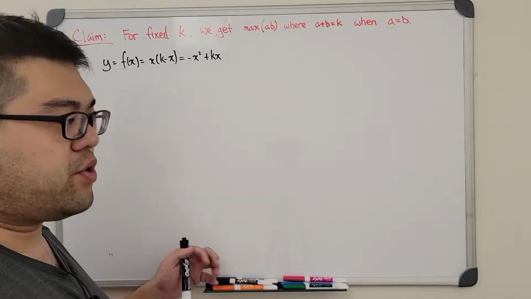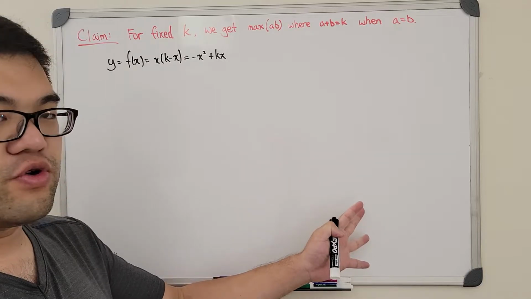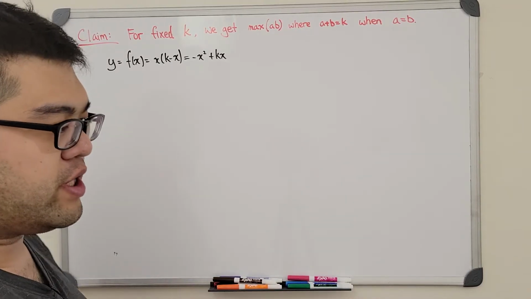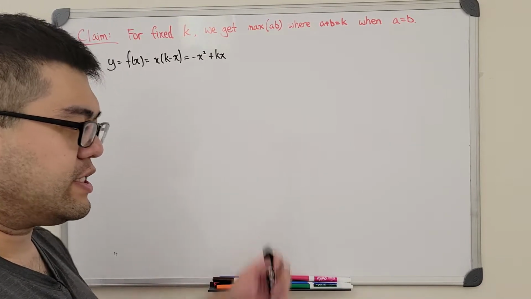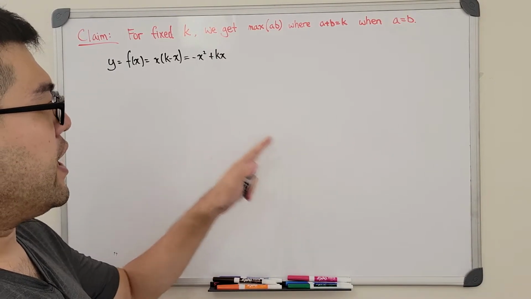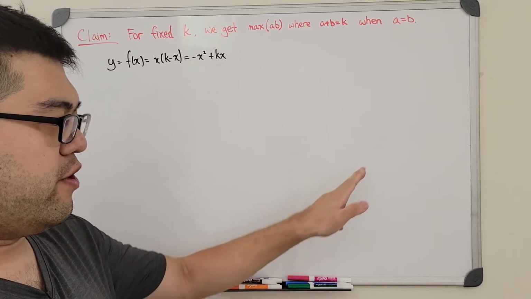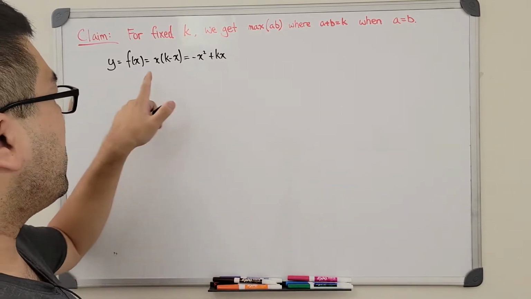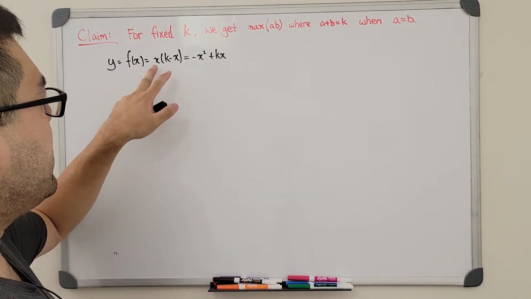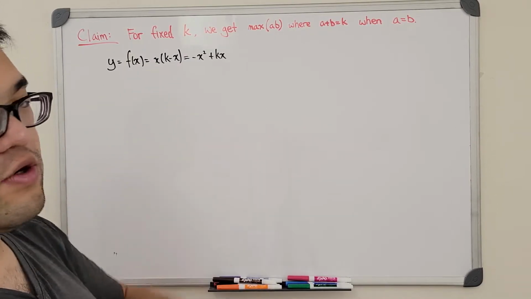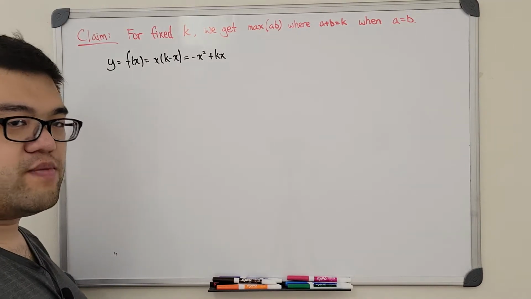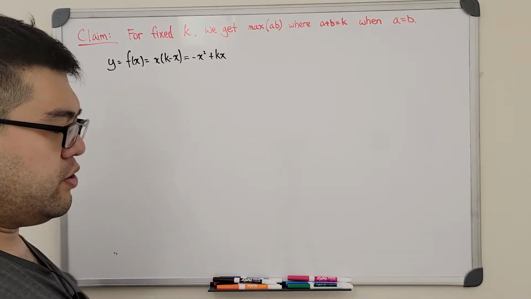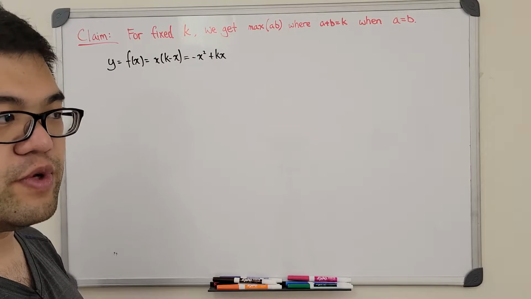Okay, so from the last board, we saw how the graph would look, and technically we should be able to claim that we would get the largest product whenever the graph hits the peak, where the peak is when the a value is equal to the b value. In other words, x is equal to k minus x, or to be more precise, x would just be k over 2.